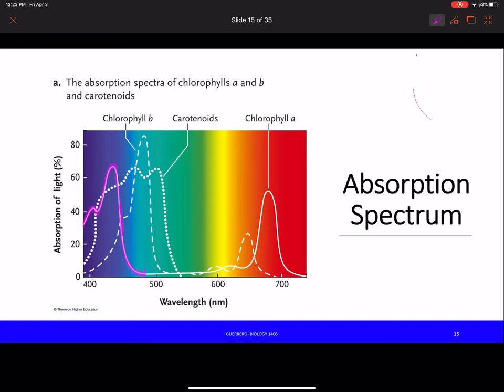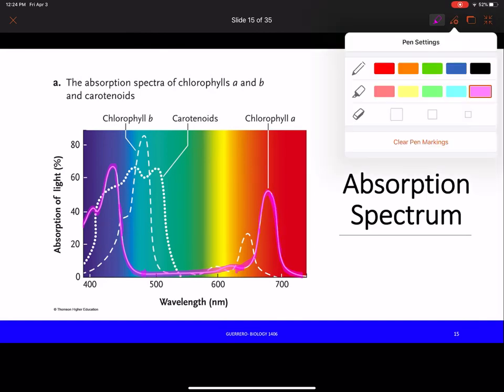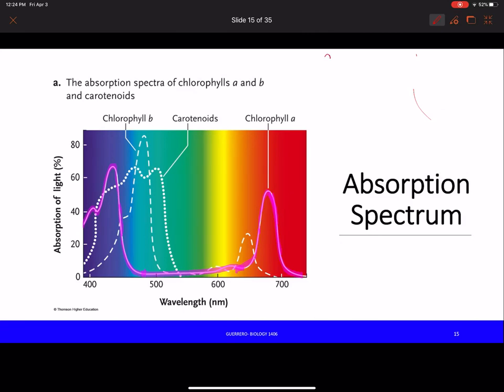Okay, so we absorb in that purple and blue area a lot. Really, it's the purple area. We do a tiny bit of absorption in the orange area. And then we do a decent amount of absorption in the red area. Okay, so chlorophyll A absorbs in the blue and red.